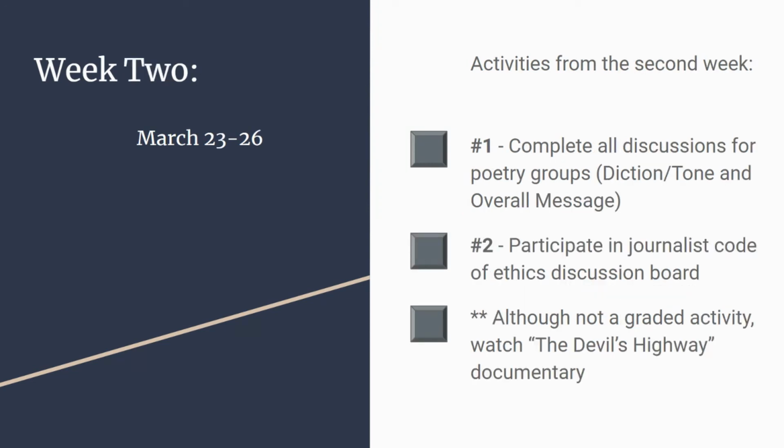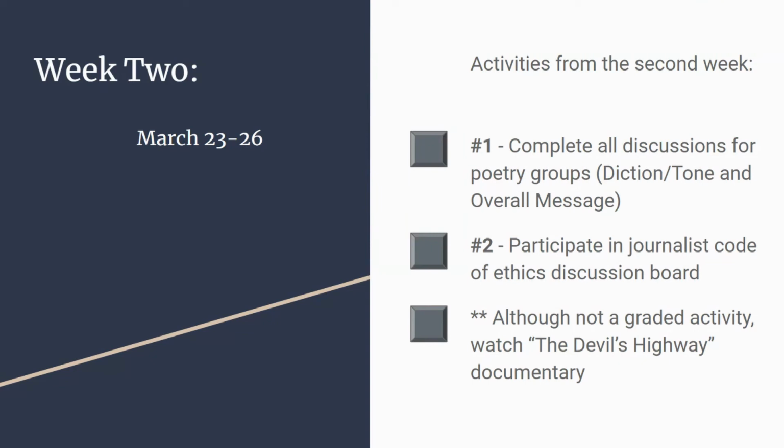All right, week 2, you had 2 activities that were graded. The first one was to complete all discussions for poetry groups. Now, those don't actually have a grade attached to them yet. They will. Right now, they just have some points. And I'll be adding all those final points up here and let you know the winning team after spring break.